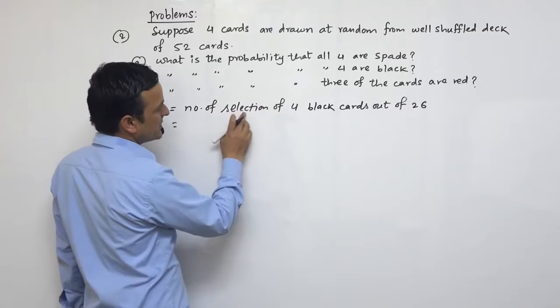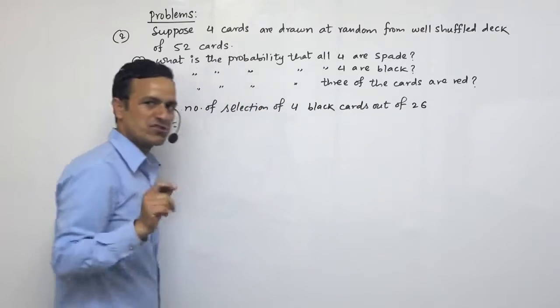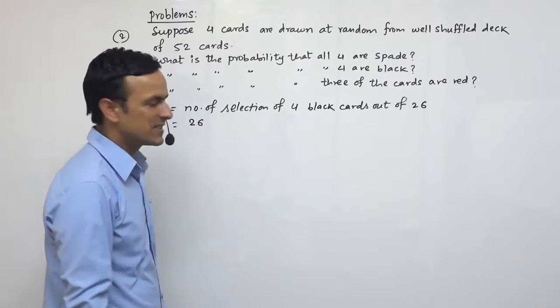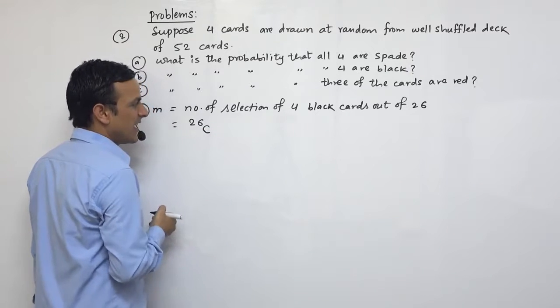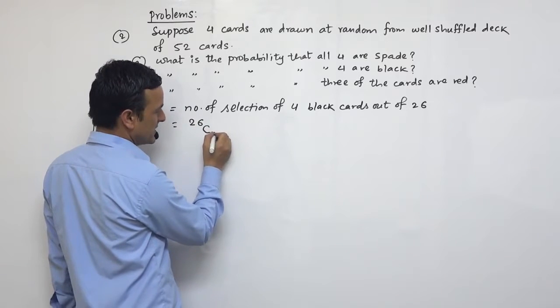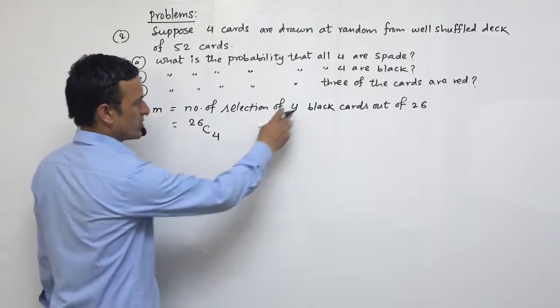So in how many ways we can select 4 black cards out of this? So write down like this: total cards 26, and it is the selection. So write down C. And how many cards are to be selected from here? So only 4 black cards can be chosen according to the question.